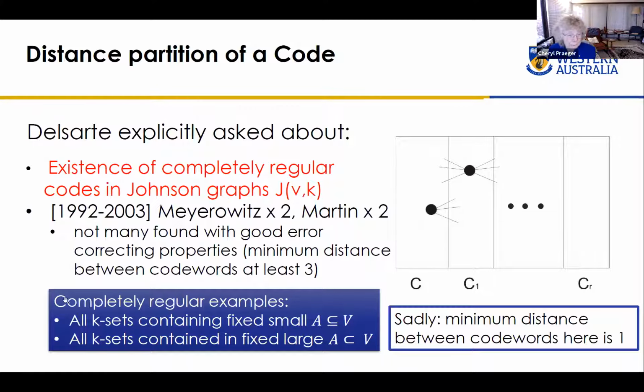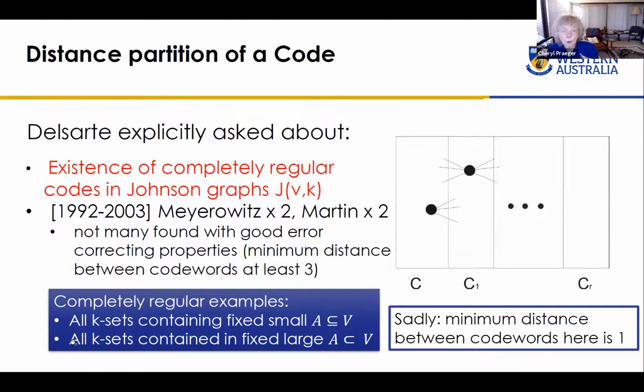So here are a few examples in the blue box down here. You could take the code consisting of all the K-sets containing some fixed small subset A of the set V. That's completely regular.